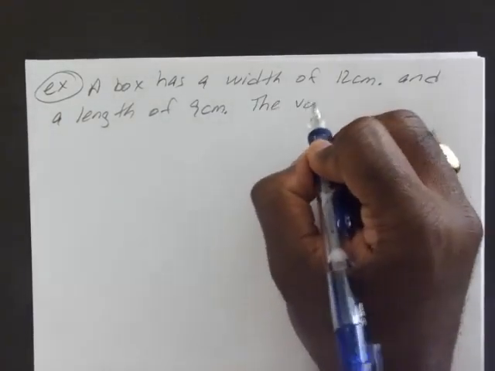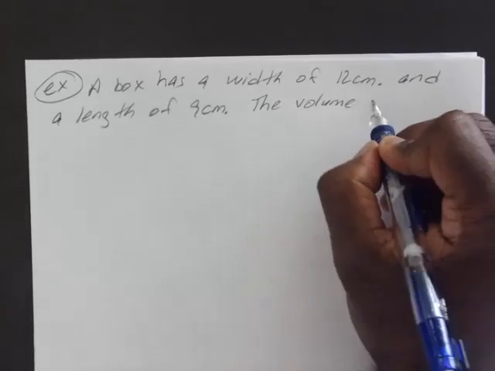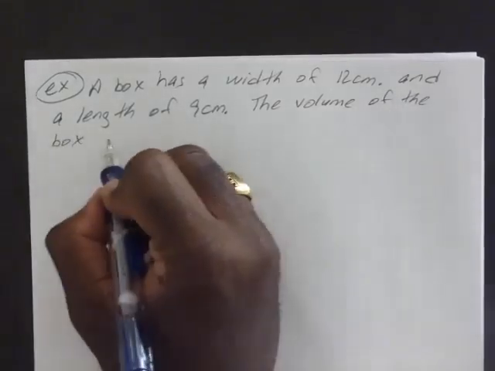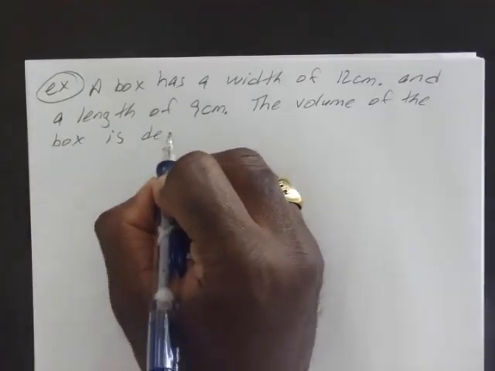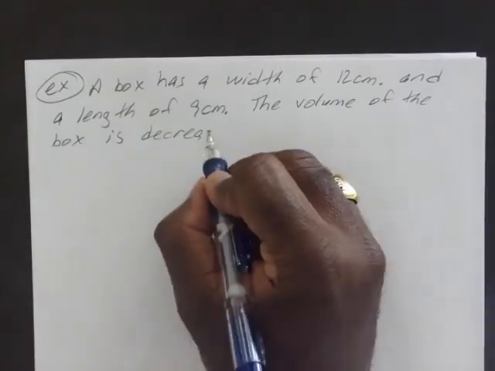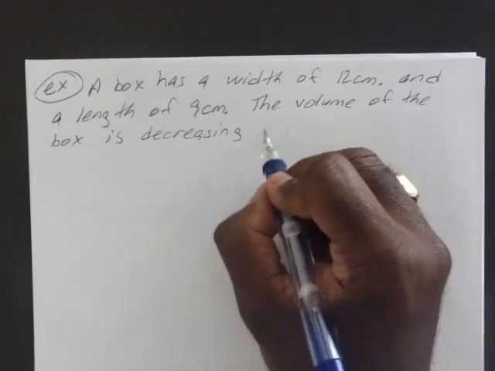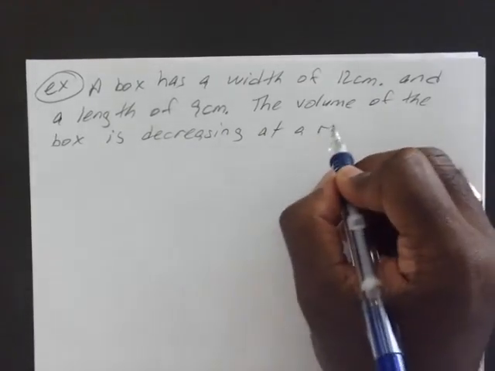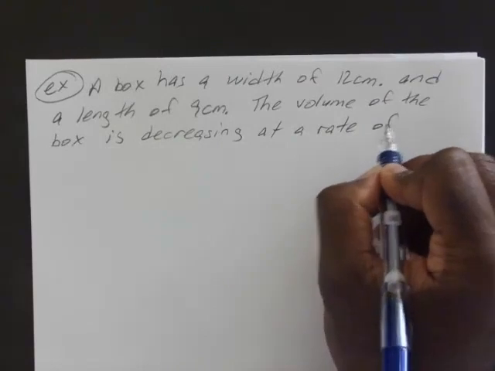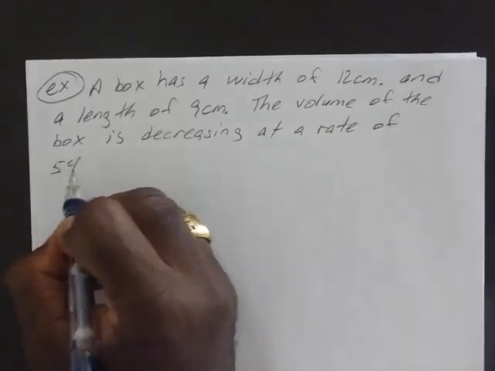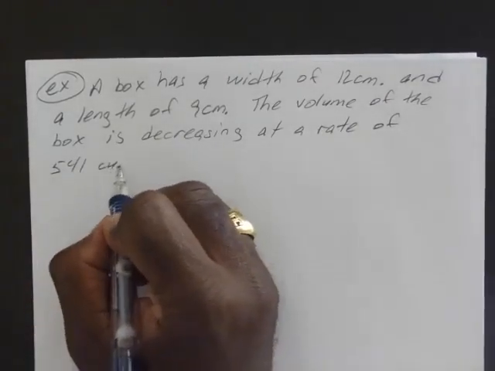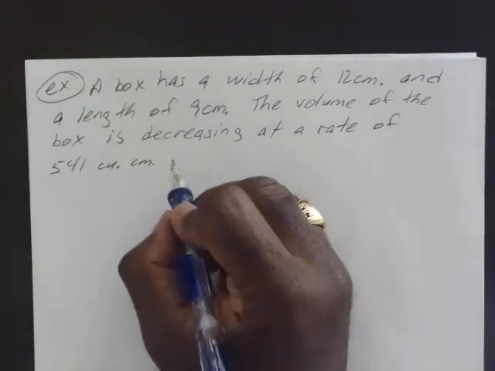Okay, so we know that the volume of the box is decreasing at a rate of 541 cubic centimeters per second.